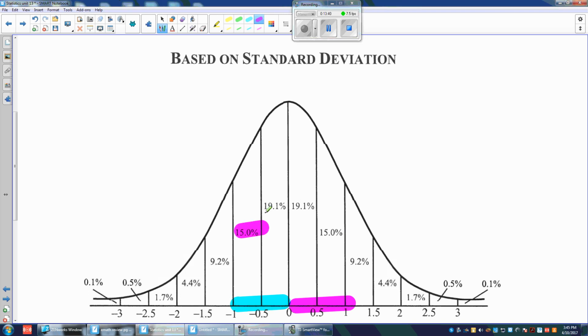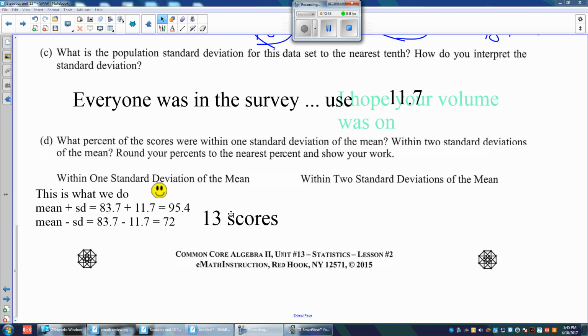When we add up these percentages, it adds up to a total of 68.2%. So now I'm going to do 13 divided by 18, and we get 72%, to the nearest percent. Sorry, I'm writing with a mouse right now, 72%, 13 out of 18. So that's good. Should be right around 68, and it is.